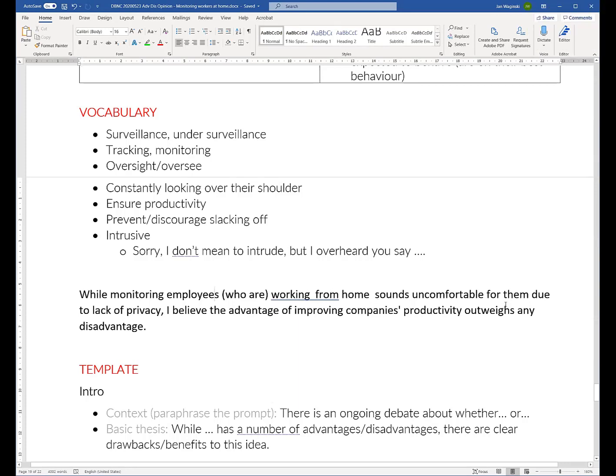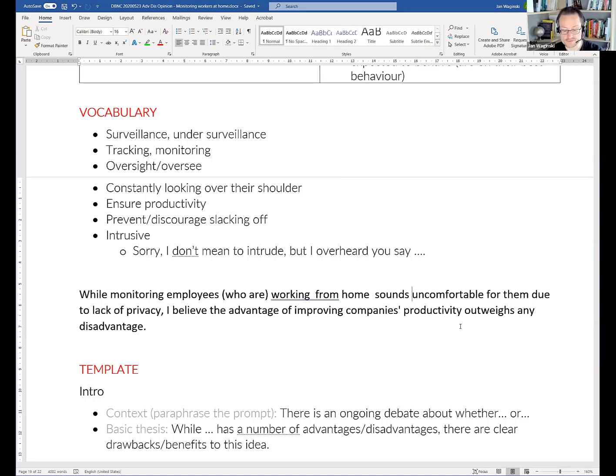Sounds uncomfortable for them due to lack of. I would use a little bit stronger language, and I would say is uncomfortable. Sounds, because it's like they call it hedging language.